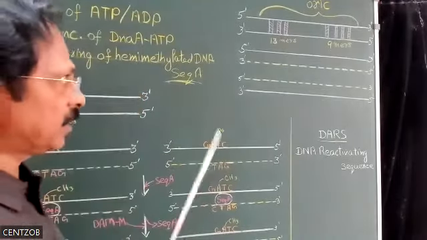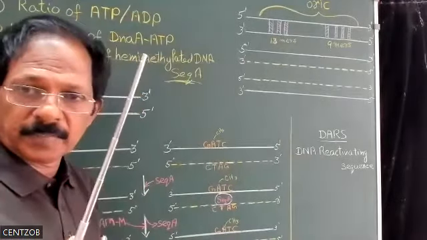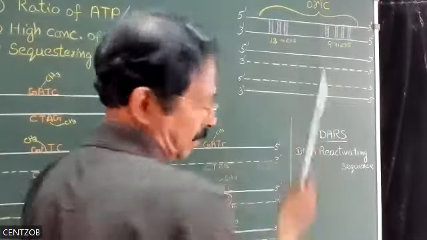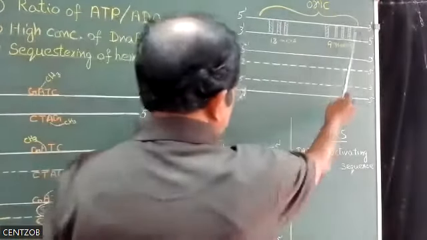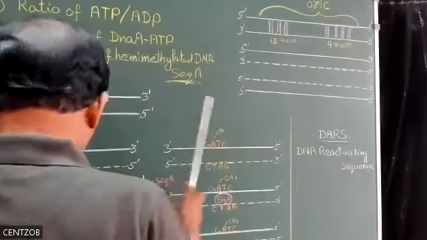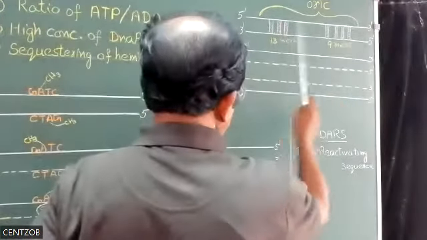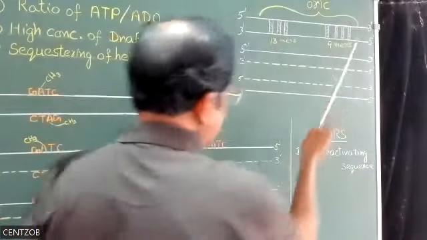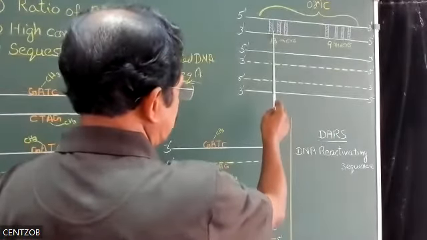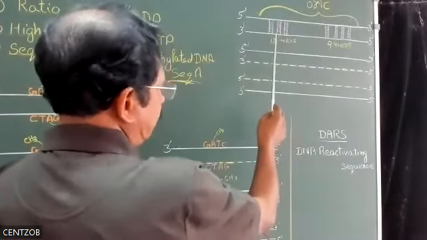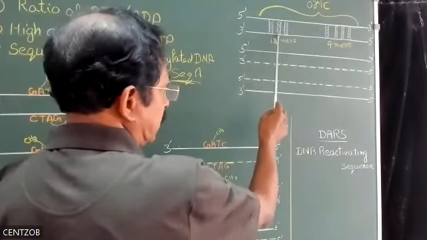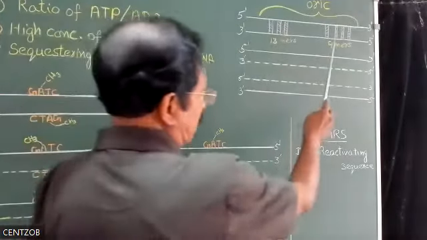So in the initiation, what happens? For the first time, DnaA will bind to the 9-mer. You remember in this 245 base pair sequence area, there are 2 repeat sequences. This is one repeat sequence, this is another repeat sequence. One repeat sequence consists of 3 repeats, each repeat consisting of 13 base pairs.